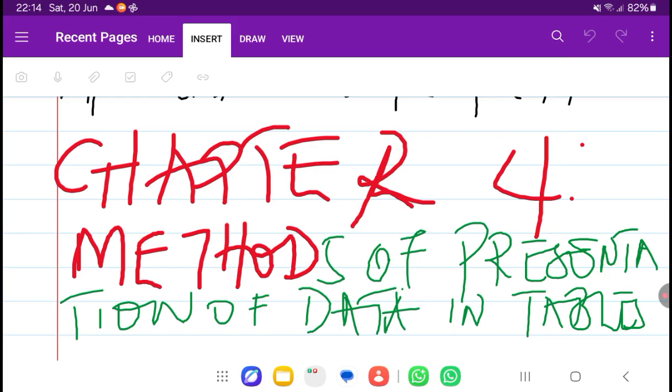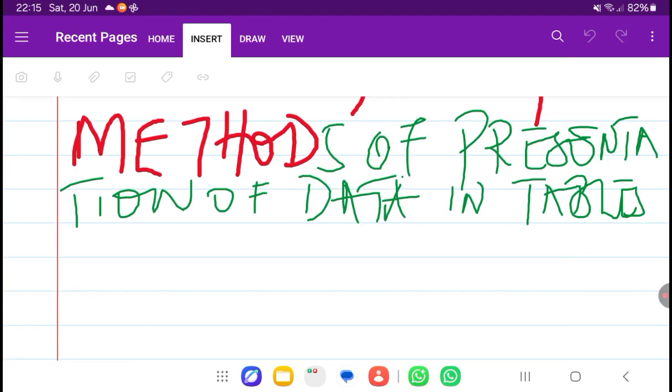So we shall achieve that by looking at both aspects. We look at those that are qualitative in nature, then we also look at the ones that are quantitative in nature. So let's now understand the tables.